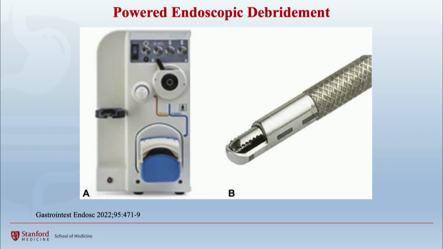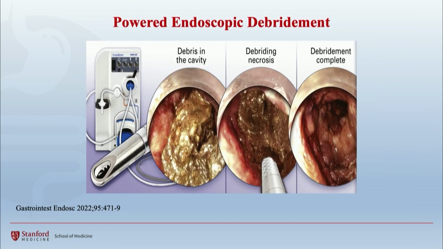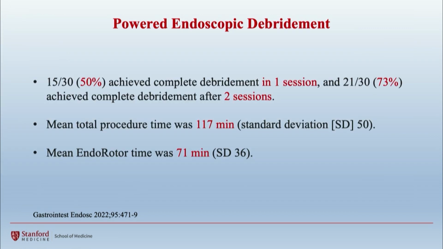There is a study that looked into the effectiveness of this technology in cleaning the cavity, which can take hours if you want to do it in one session using snares or other modalities, and many times requires multiple sessions.